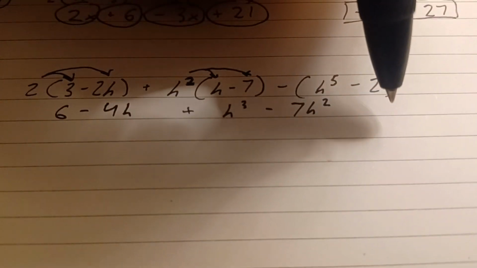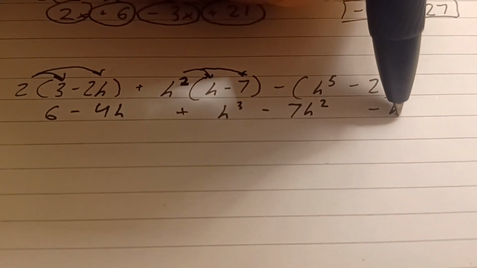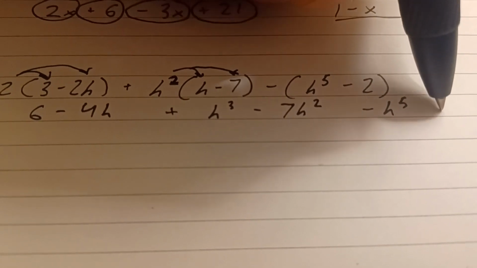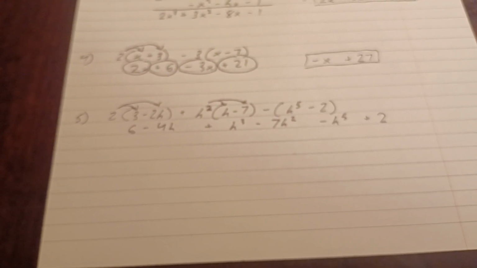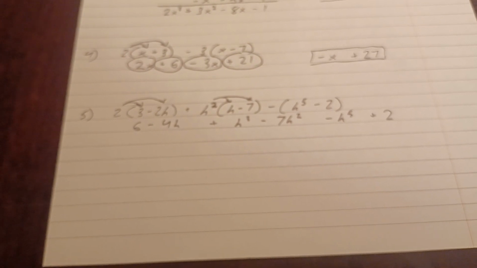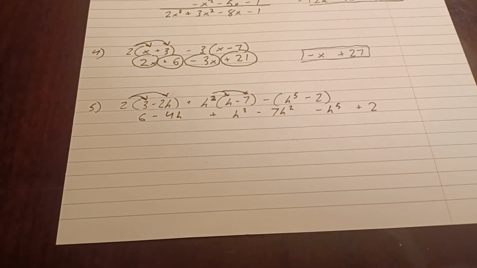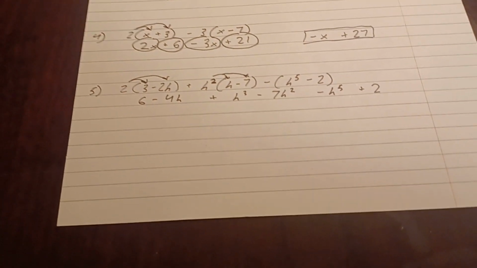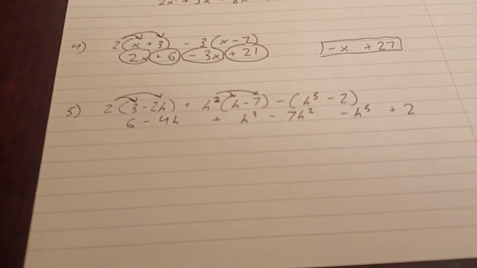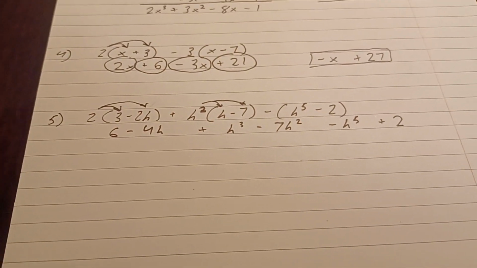And then again, the negative h to the 5th plus 2, right? So let's take a quick moment to check the work we did here, making sure everything is aligned just as it should be. And everything looks good so far, so now we can go ahead and combine the like terms.